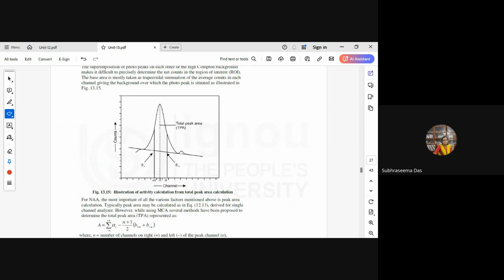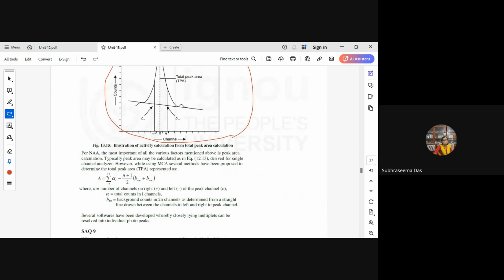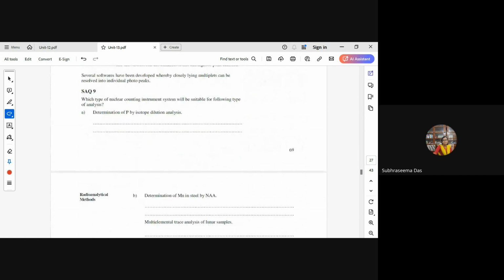Figure 13.5 shows how we calculate the total peak area from the region of interest. However, this can mostly be done with specialized software that comes attached with the instrument.